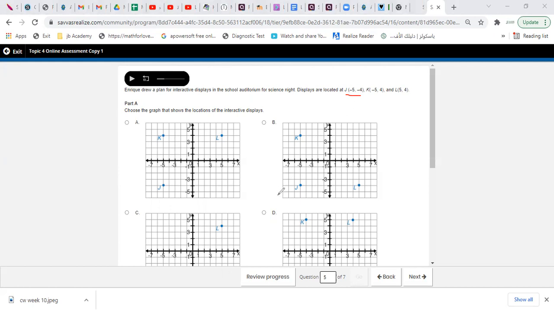J should be in the third quadrant because it has negative coordinates: -5 for x and -4 for y. Here J is correct. K is -5, 4, and L is 5, 4. So it's correct. The answer is A.